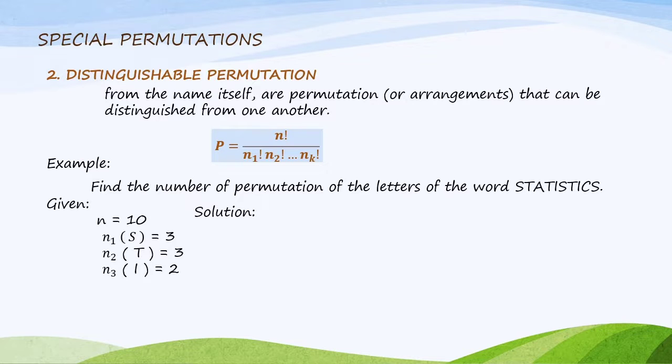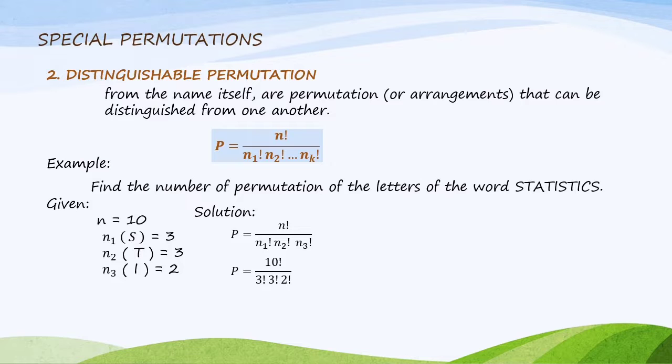So to solve the problem, we use the distinguishable permutation formula P equals n factorial divided by n sub 1 factorial times n sub 2 factorial times n sub 3 factorial.